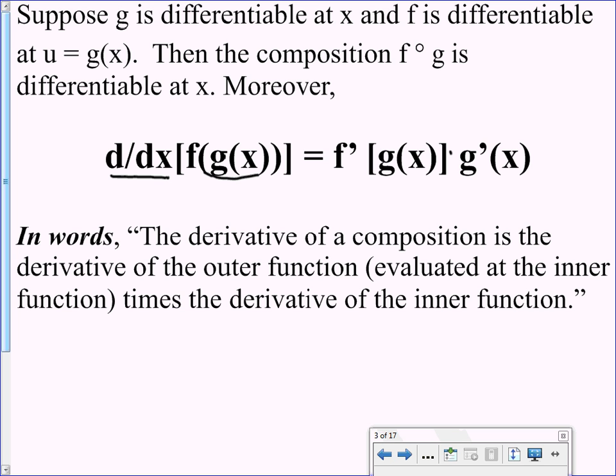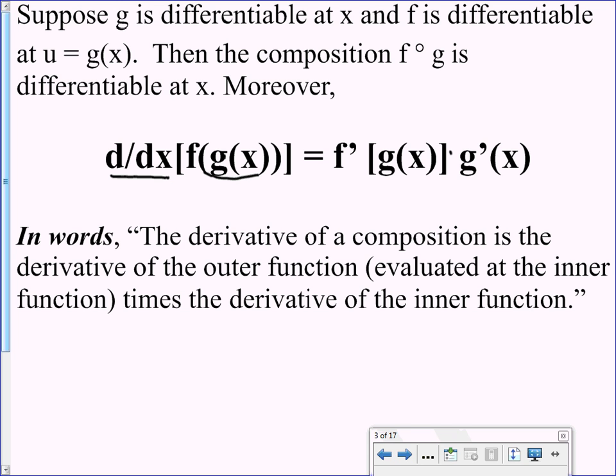The inside function is g of x, so the derivative would be g prime of x. I'm going to have it here in words: the derivative of a composition is the derivative of the outer function evaluated at the inside function times the derivative of the inside function. Now, in order to be successful with the chain rule, you have to be real clear what the outer function is and what the inner function is.